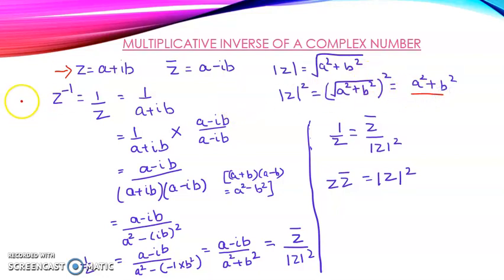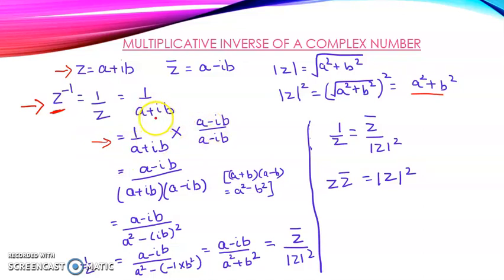Now come here. Multiplicative inverse of a complex number. So this z raised to the power minus 1 I can rewrite as 1 upon z, which is equal to 1 upon a plus ib. So 1 upon a plus ib, if I multiply and divide by the conjugate of this. So what is conjugate?